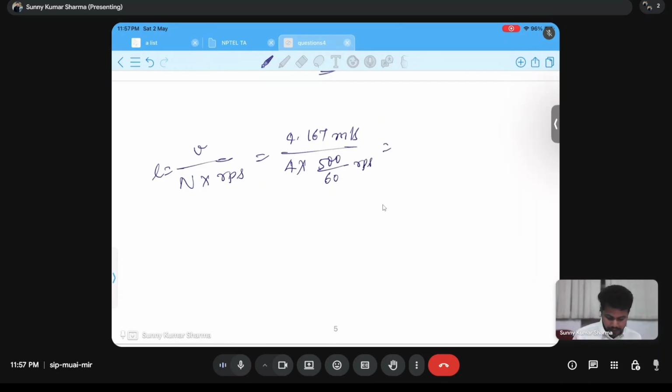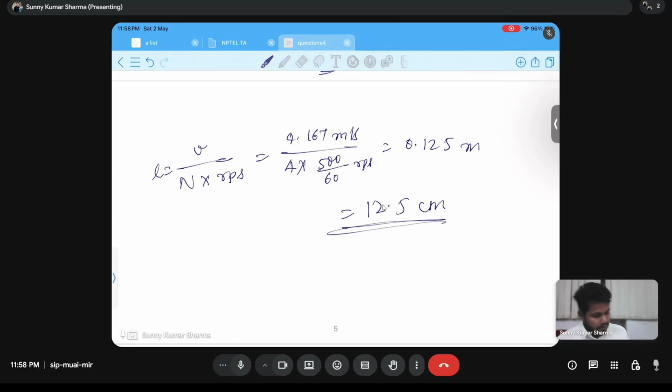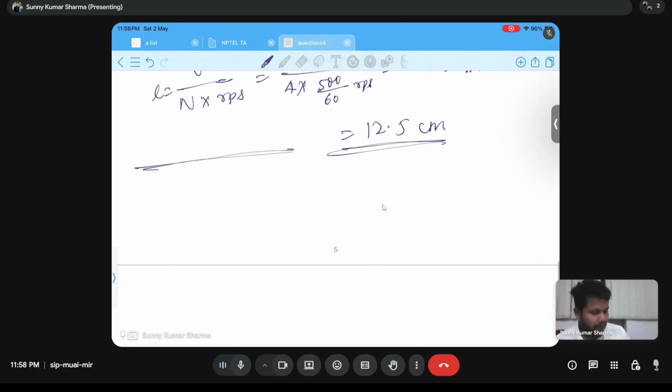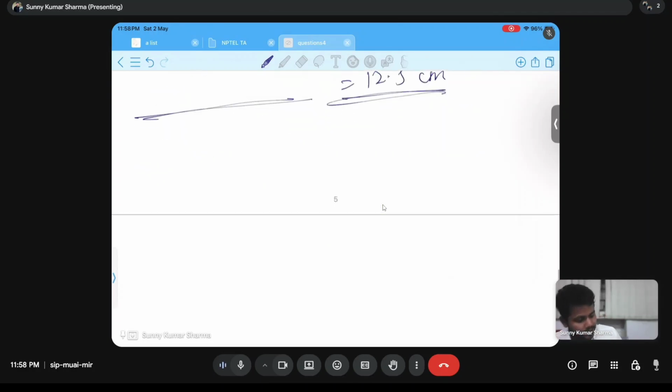So 4.167 divided by that, it is coming as 0.125 meter. So the final answer will be 12.5 centimeter. So this is the end of all the questions from vertical conveyor reaper, mainly harvester.